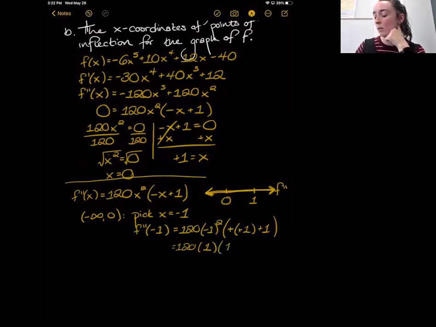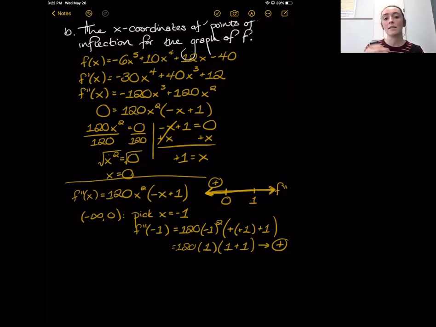So this is really 1 plus 1. Okay, each of these terms I already see is positive. So without even finishing simplifying this expression, I can see that this is going to give a positive value. That's all I care about, is the sign of that number. So I know that on negative infinity to 0, my second derivative is going to be positive.